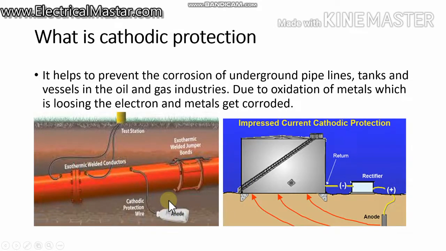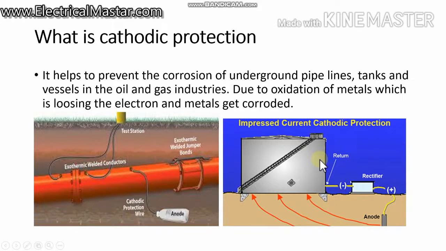Now we will see in detail how the anode helps in protecting any metallic structure. Before we see how cathodic protection works, we need to understand what components are involved in cathodic protection.